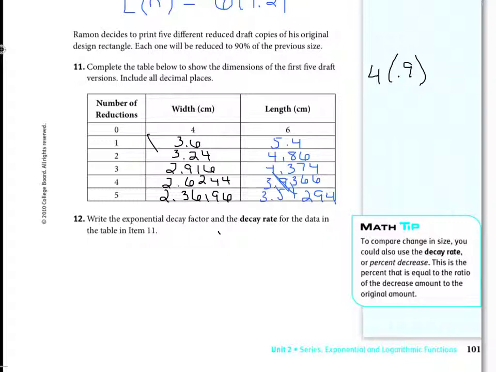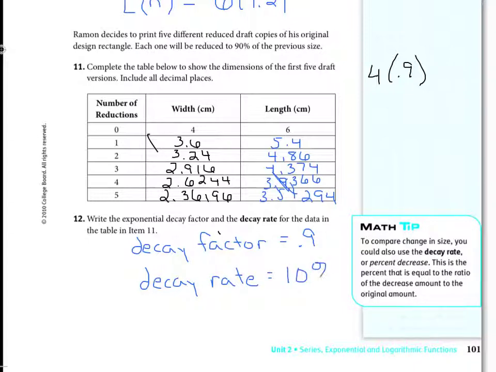We're decaying, and what is the decay factor? Well, the decay factor means what you're multiplying by each time. The decay factor is going to be 0.9. But what are we decreasing by? So the decay rate, if we only have 90% of our original size, then our decay rate is 10%, it has been decreased.